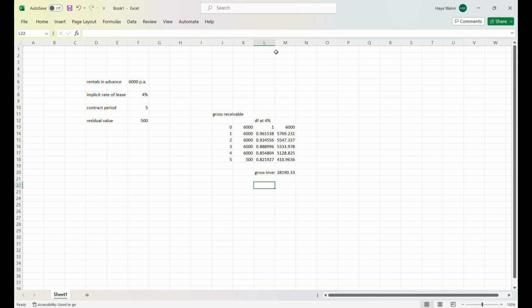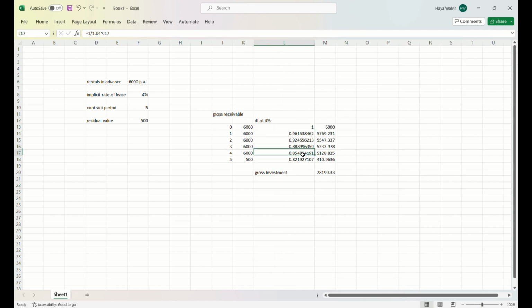It's as simple as that. This is basic calculation. And this one is 1 by 1.04 power 4. I want to reduce the cash flow at time 4 to time 0. Similarly at time 3 to time 0. So the power would be 3, then 2, then 1. All of this respectively goes on. And I end up getting a gross investment of 28190.